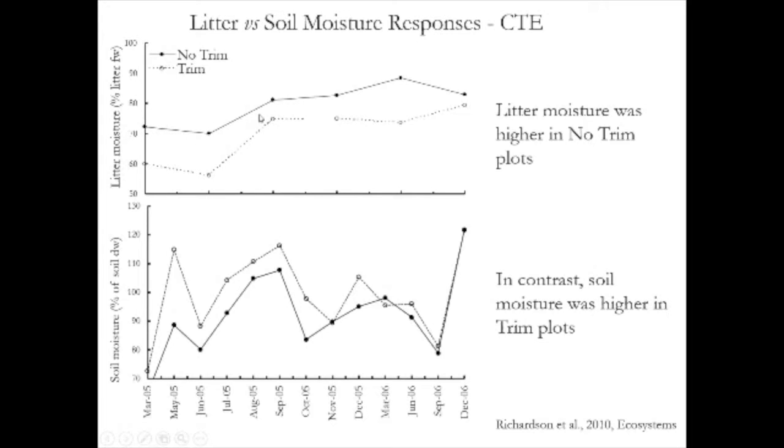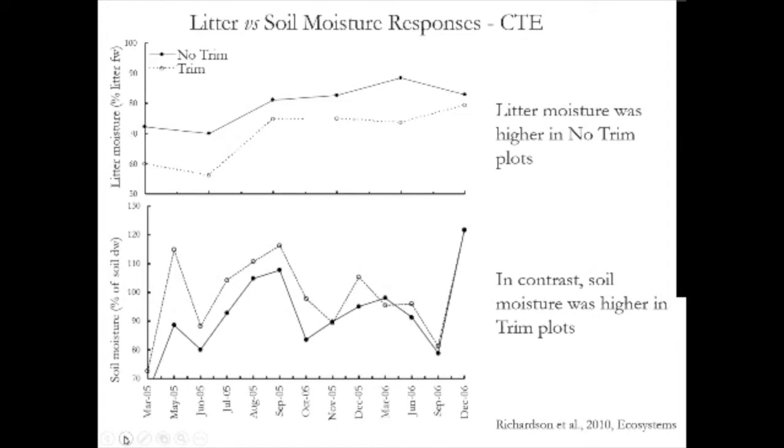The litter moisture in those sites was greater than in the trim sites. And the opposite happened for the soil. Soil moisture was higher in the trim than in the non-trim plot. So this litter moisture is like a buffer. It dries up, but it keeps the moisture in the soil in those sites that have the canopy trim.